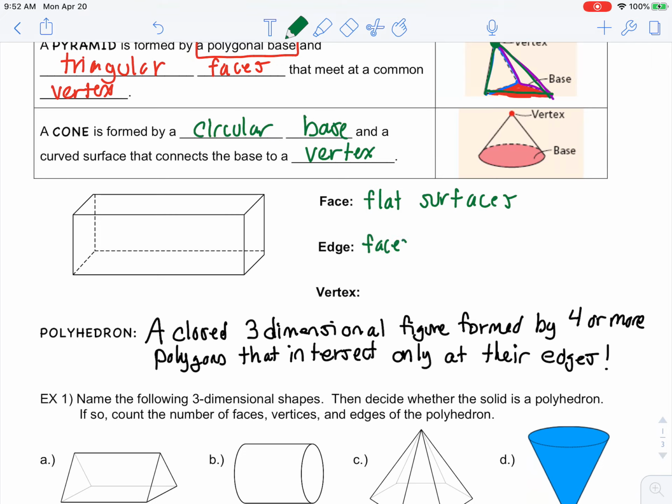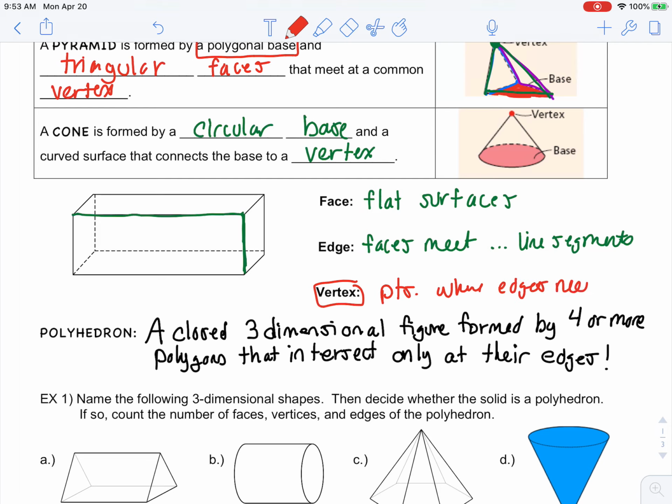The edges are where the faces meet. Okay, these are going to be line segments. For example, here is an edge right here. Here is an edge right here. Okay, the vertices are points where the edges meet.